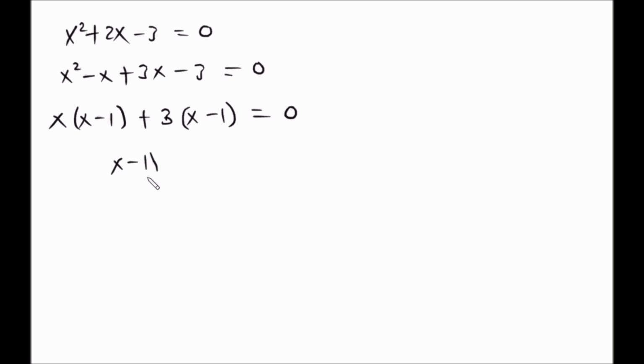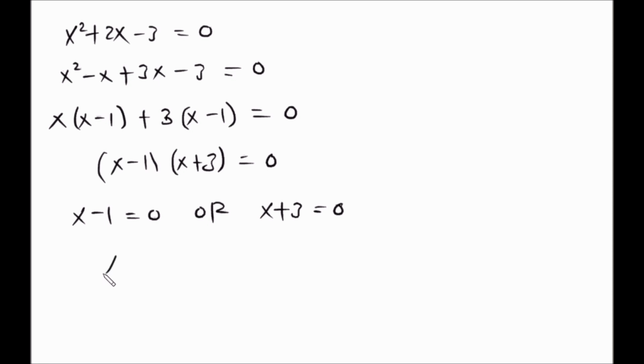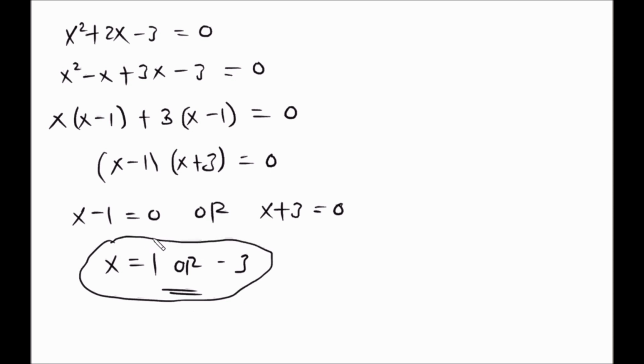Kwa factor out x minus 1 nabaki na x plus 3. Kwa hiyo kumbe x minus 1 sasa na 0 or x plus 3 sasa na 0. Kwa x sasa na 1 or negative 3. Hizi ndo value zangu za kwanza za x, 1 or negative 3. Kwa hiyo nimepata x inaweza ikawa 1 or negative 3, lakini kuna ile equation nyingine, quadratic nyingine ya kusolve.